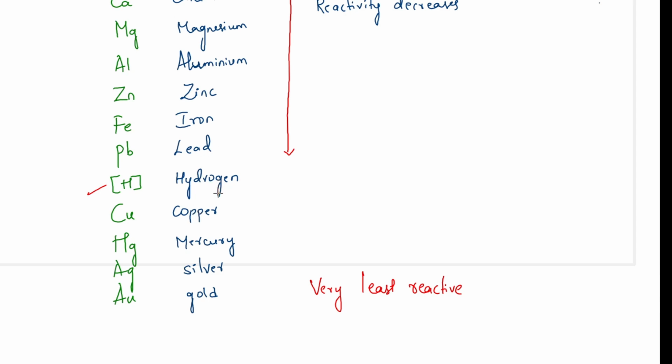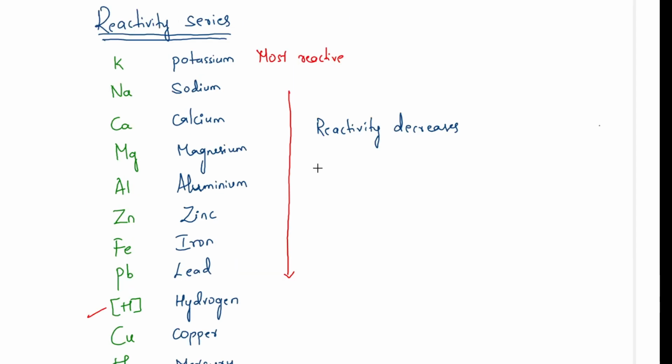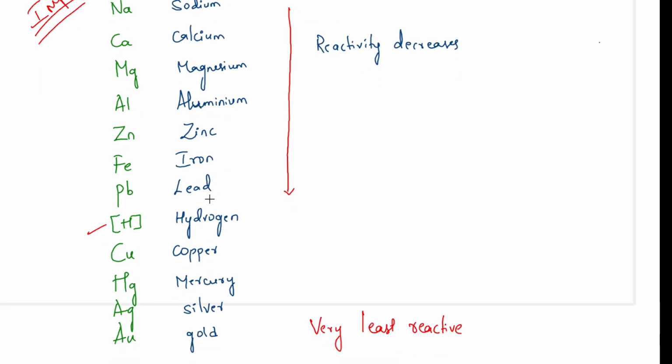This helps us to know whether these metals can displace hydrogen from acids or not. And it is very important to remember this activity series. Potassium, sodium, calcium, magnesium, aluminium, zinc, iron, lead, hydrogen, copper, mercury, silver, gold. You have to remember these metals in order.